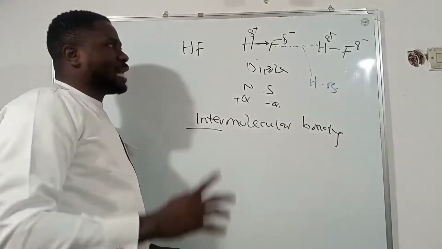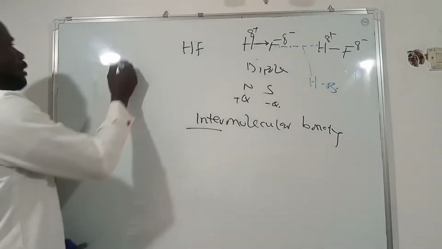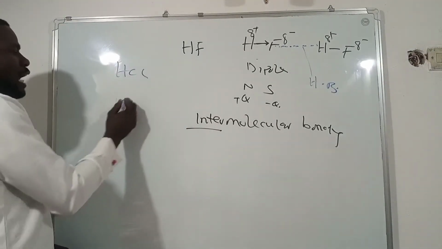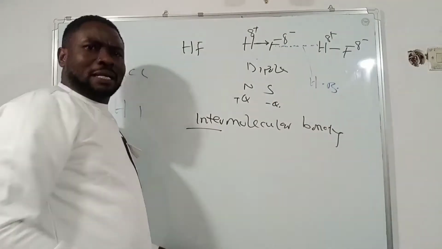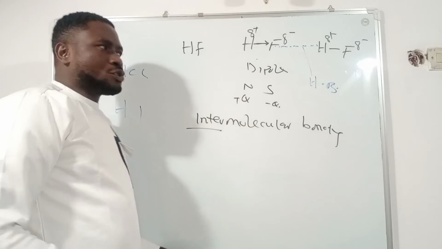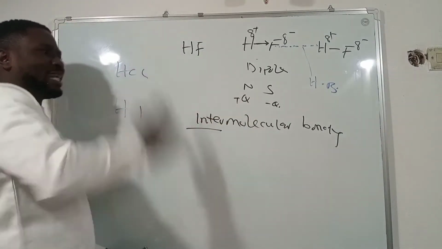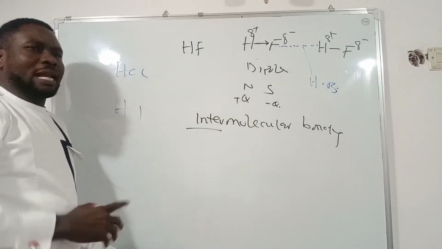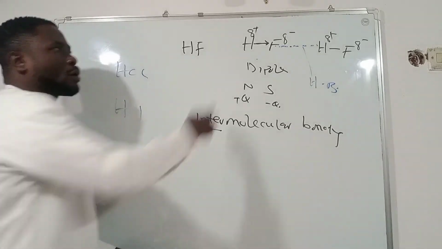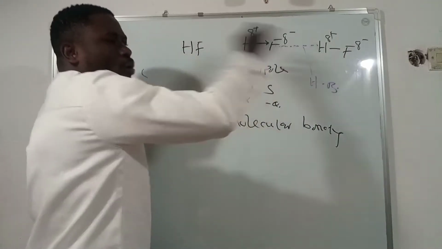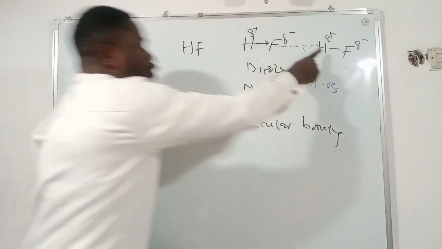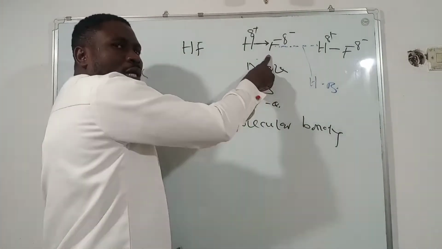You see that in hydrogen bonding, you see that in hydrogen chloride, you see that in hydrogen iodide. It's usually hydrogen with the non-metals, group 7 elements. So when you have this, that is simply hydrogen bonding. And that's why I say it is a dipole, because this is a dipole and this is a dipole. That's why I say it's a dipole interaction between hydrogen and an electronegative atom.